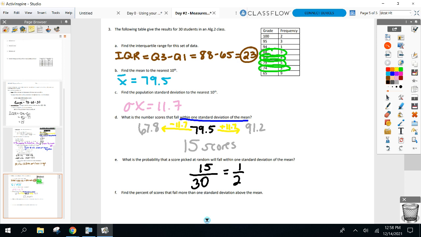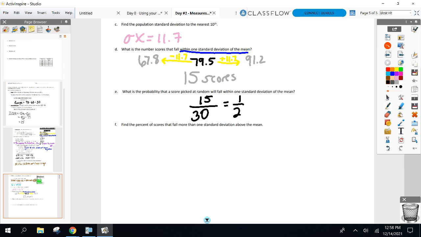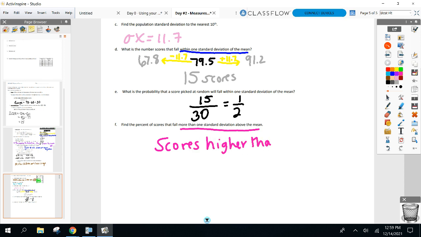Let's see how well we did here on this last one. Find the percent. Let's read this one now. That fall more than 1 above the mean. Now remember, the last one was within 1. Now I want to know how many scores fall more than 1 above the mean. So I need scores that are higher than which score? 91.2.